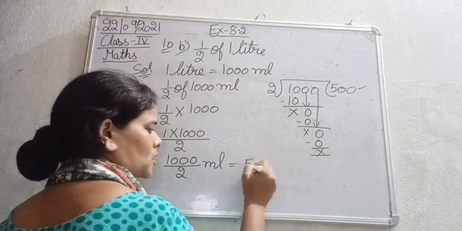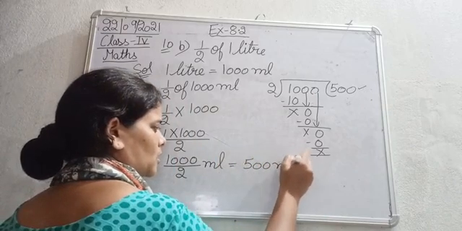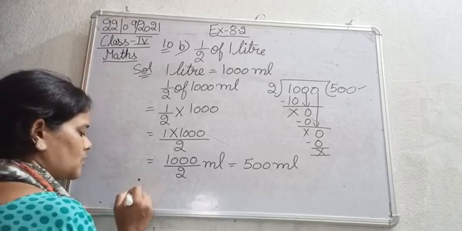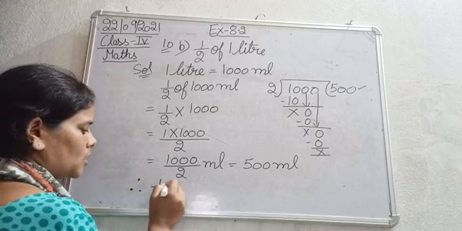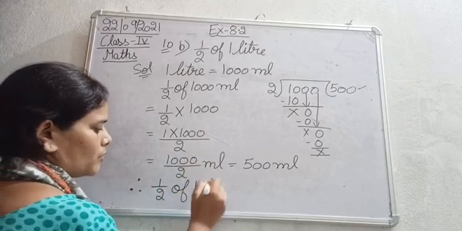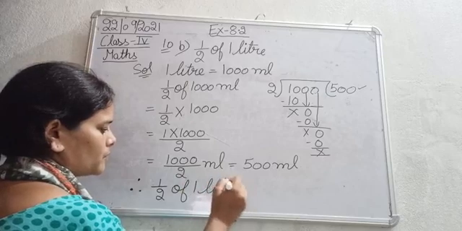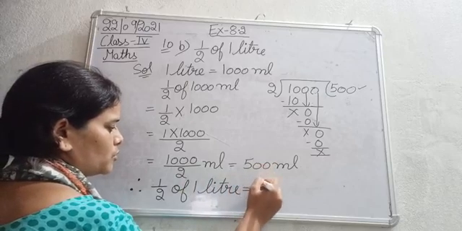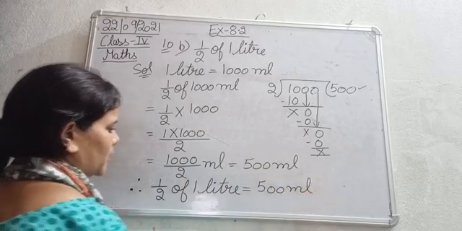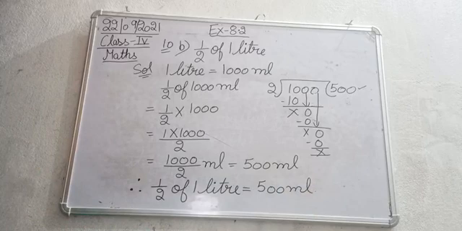That is 500 ml. Therefore, solution sentence: half of 1 liter is equal to 500 milliliters.